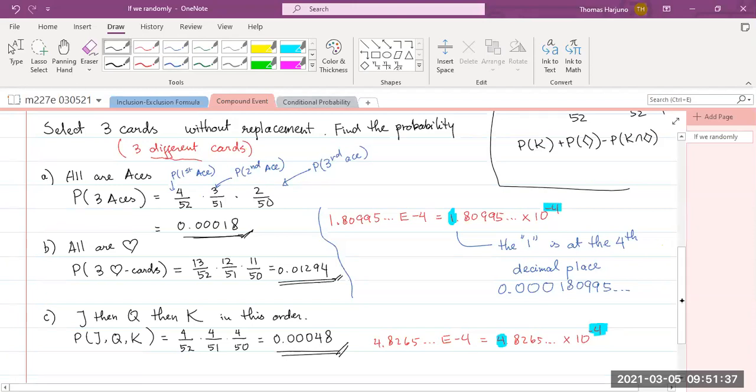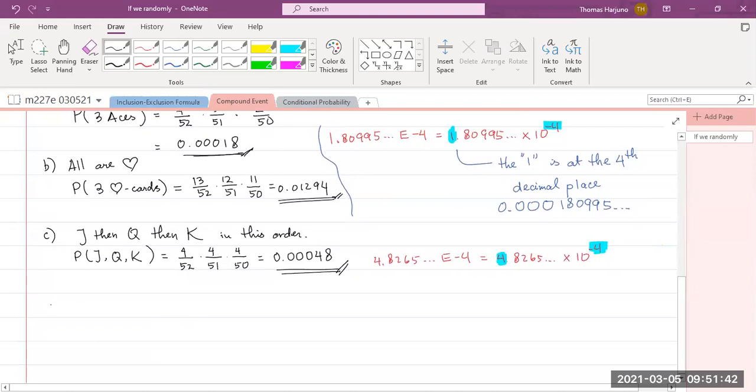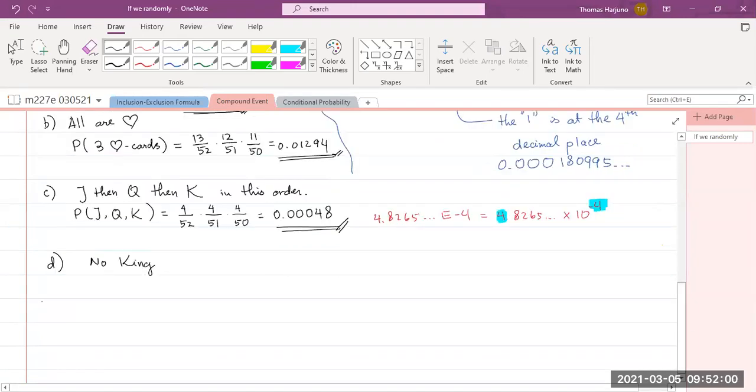Now, next, I would like you to do the following questions. Part D, find the probability of getting no king. So all 3 cards, none of them kings. And then next one, probability of no club, or no clover.